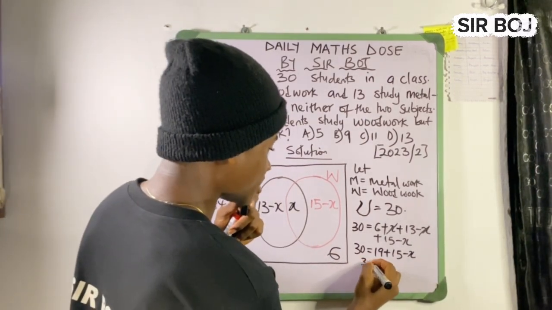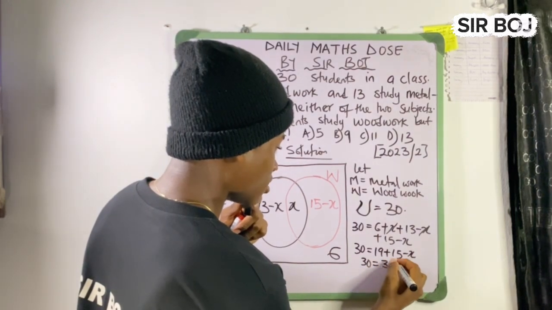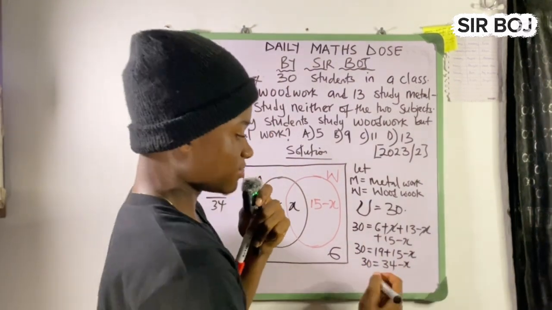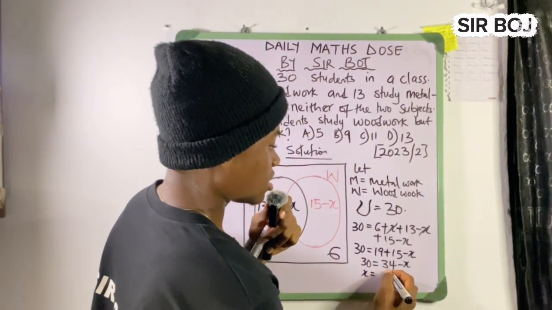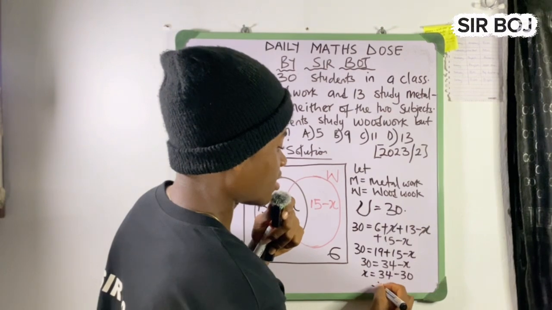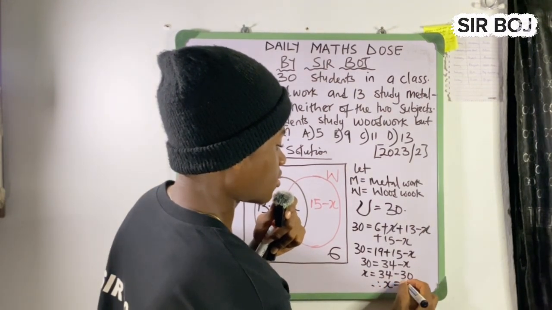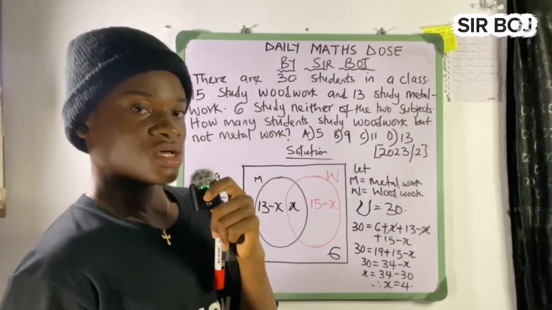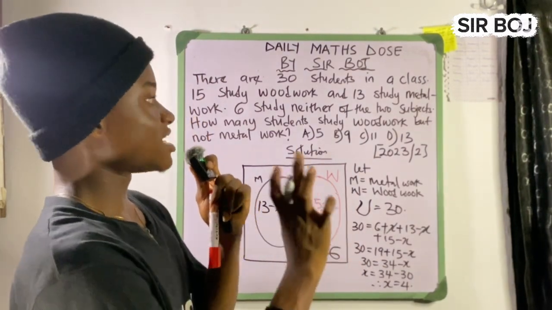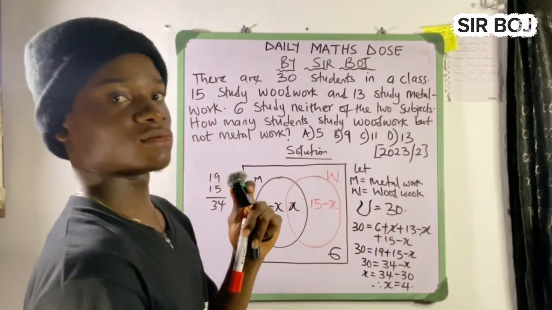So we have 30 equal to 34 minus X. If you move minus X to this side, it becomes X is equal to 34 minus 30. Therefore, X is equal to 4.